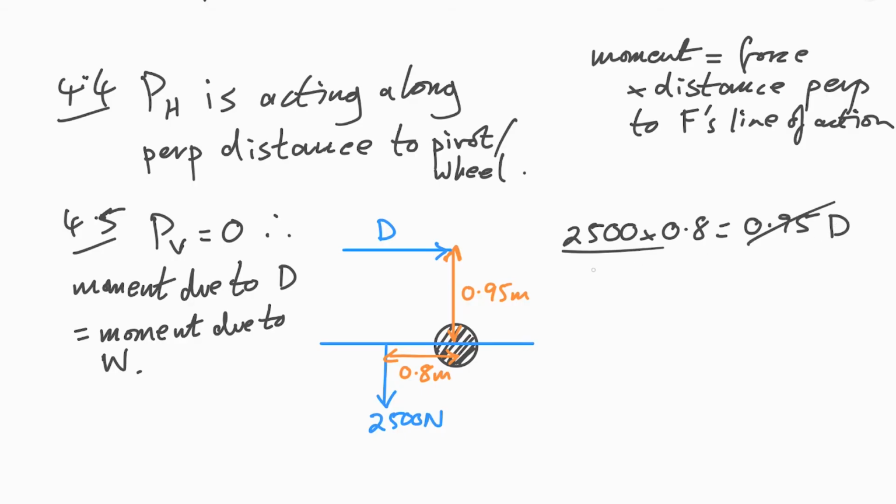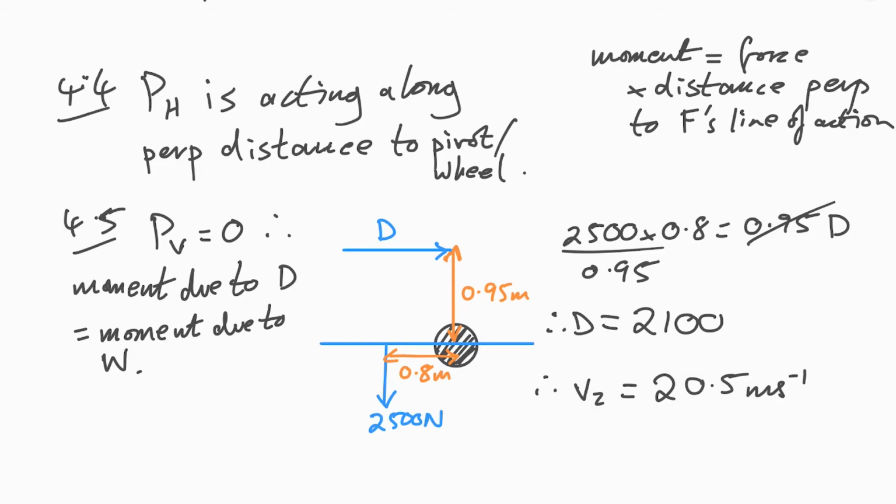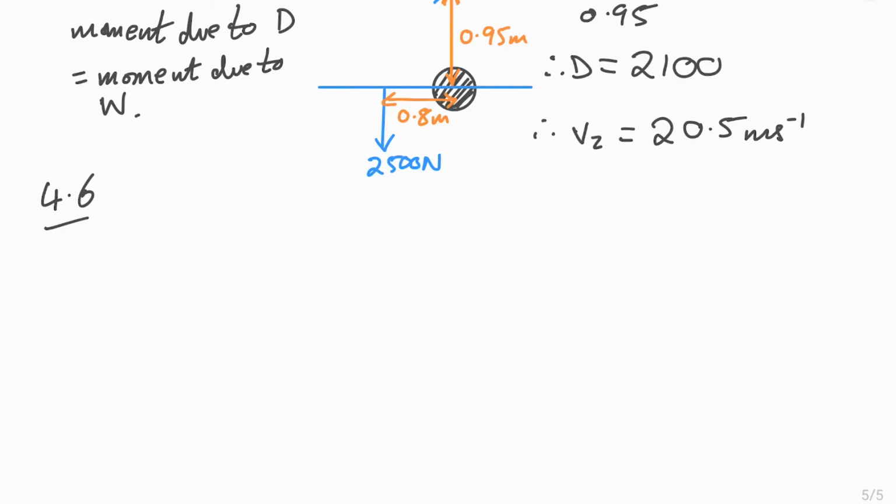So therefore just divide that by 0.95. So D is equal to 2,100. And so going back up to our graph, 2,100. Luckily enough, they've given us a nice number there. So V2 is equal to not 21, but 20.5 meters per second. There we go.